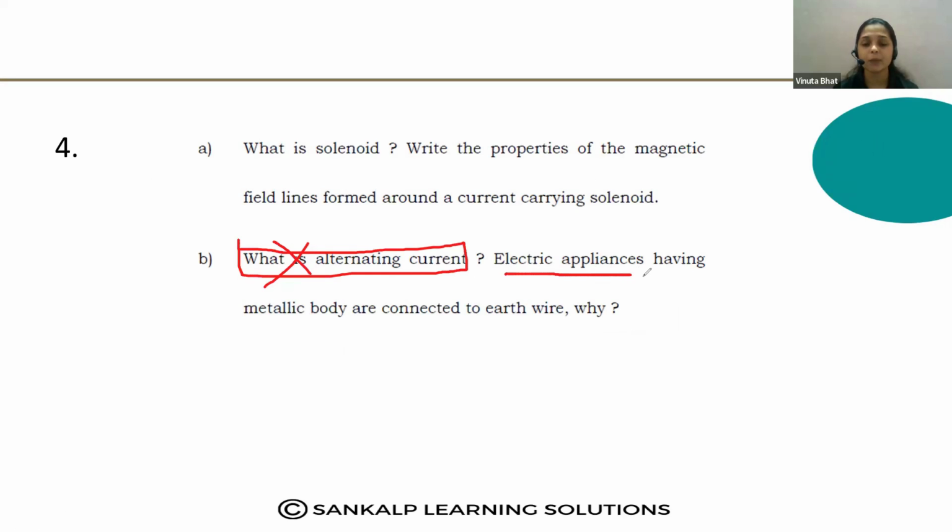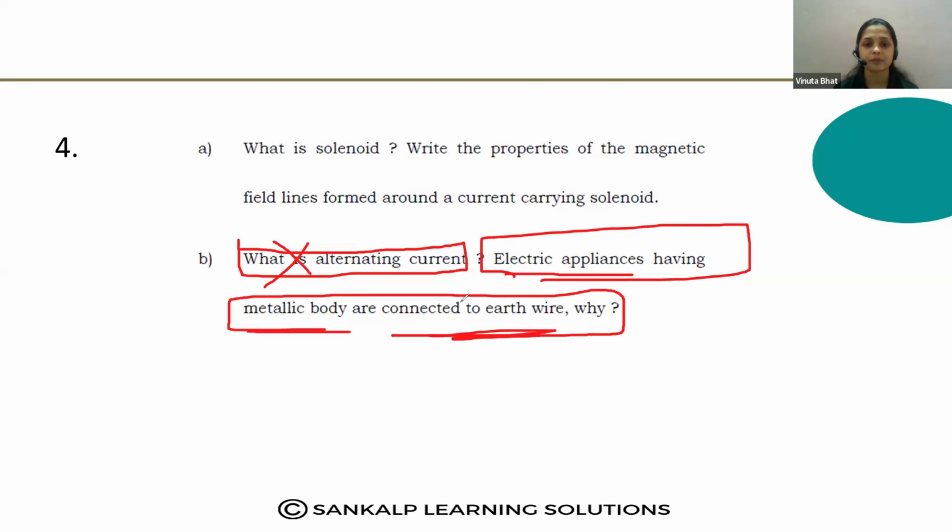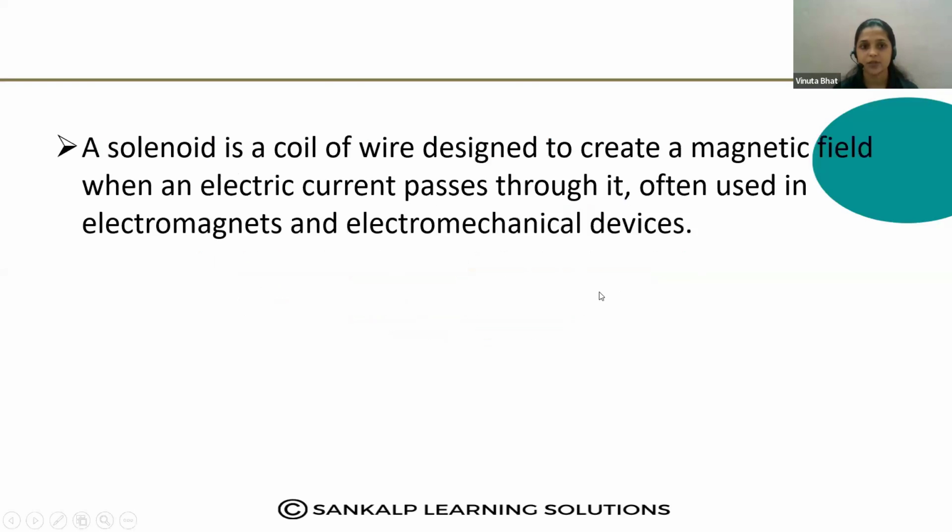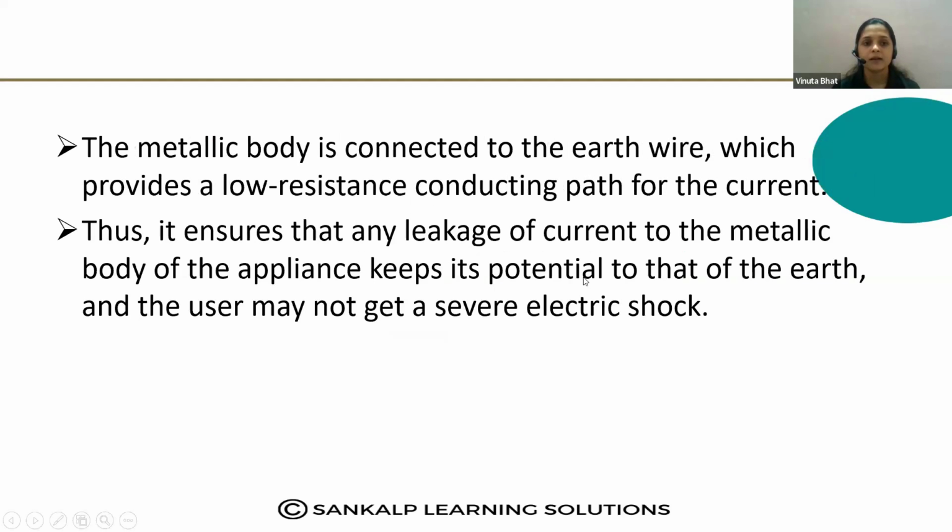Next, electric appliances having a metallic body are connected to the earth wire. Why? The metallic body is connected to the earth wire, which provides a low resistance conducting path for the current.